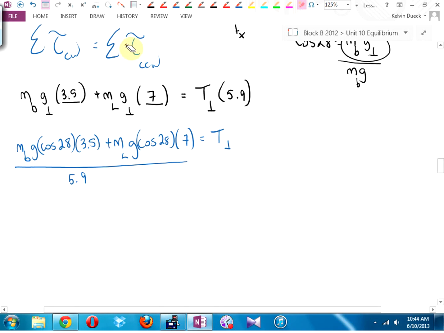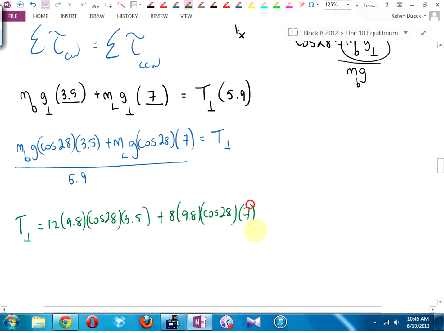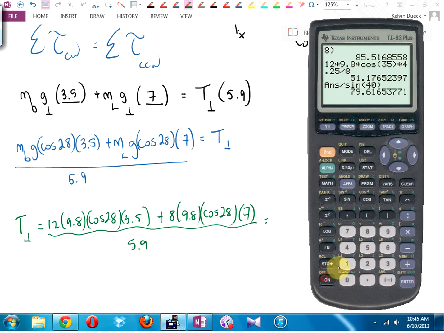Let me change colors first of all. 12 times 9.8 times cos 28 times 3.5 plus, what was the mass of the load, please? 8 times 9.8 times cos 28 times 7, all divided by 5.9. What's the answer? Well, 28, Mr. Dueck.